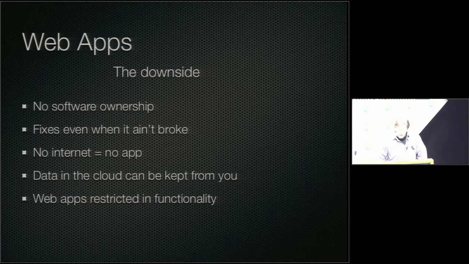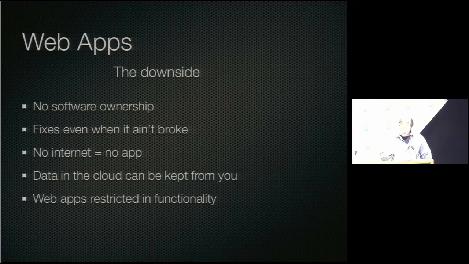Also, web apps are somewhat restricted in functionality. And this is, they can't read and write files, for instance. There's just some restrictions that web apps have. Native apps can do anything they want on the machine. Most of these things that I've talked about are sort of intrinsic differences between web apps and regular applications. You can't change the fact that Gmail is on the server at Google.